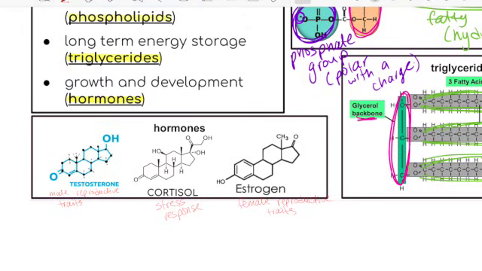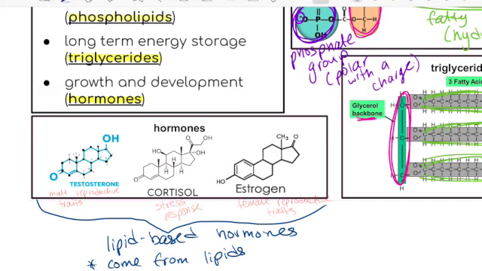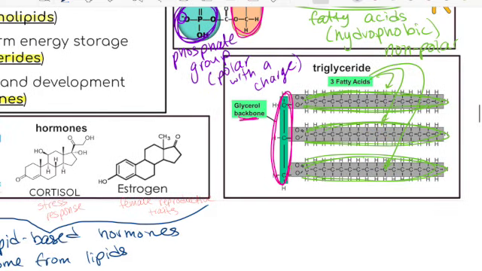And you can see that these are all examples of lipid-based hormones, or they come from lipids. So lipids are typically the starting point. What our bodies do is they'll take one of these fatty acids and change it into a hormone through metabolism.